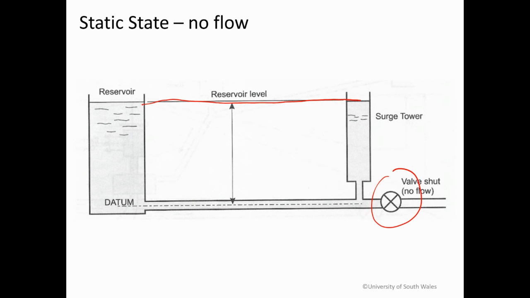Depending on how the system is set up, there is going to be plus or minus, say, 10% variance in those two levels, if they aren't perfectly leveled, if the ground isn't level, and you'll find with the kit in the laboratory that there is a slight variation. So we'd expect plus or minus, say, 10% variation in the difference between the reservoir and the surge tower, simply because it may not have been set up perfectly to allow for that. But there is no friction and no movement of water, so the reservoir and the surge tower should be very, very similar.